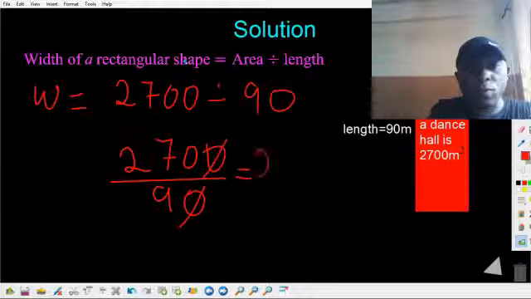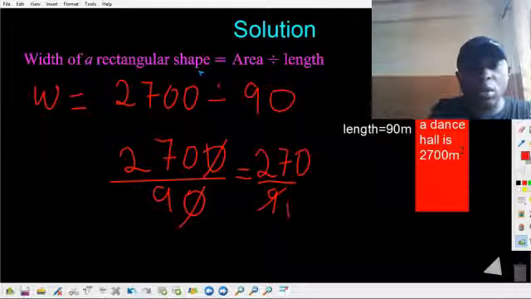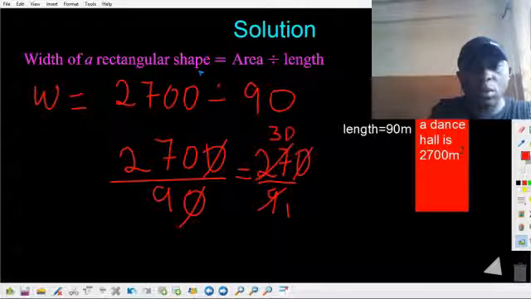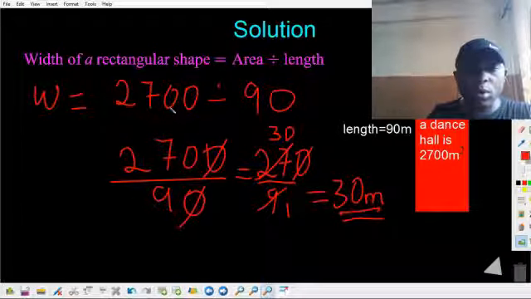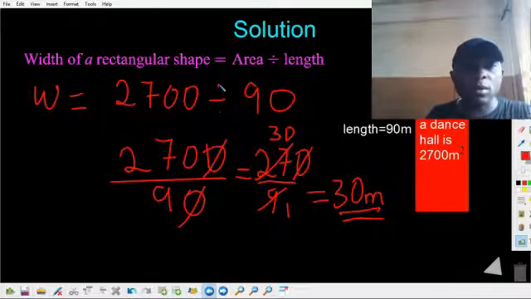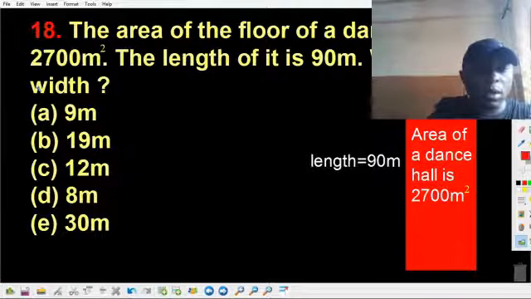We have 270 divided by 9. 9 times 3 is 27. 9 here 0. We have an answer of 30 meter. What option do we have? Go back to option E, right?